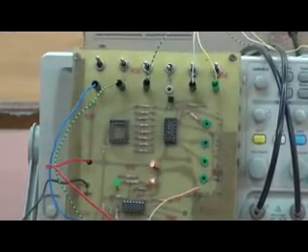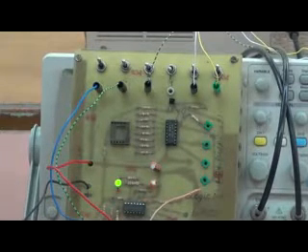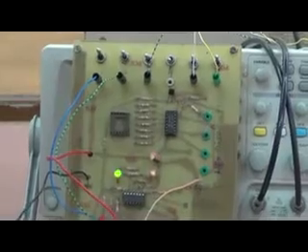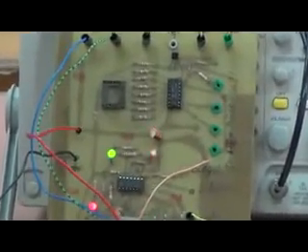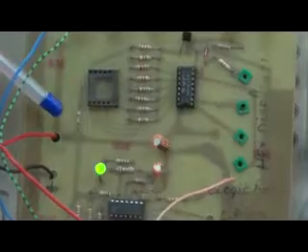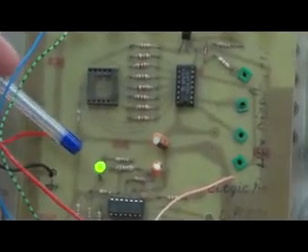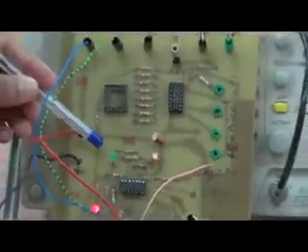Now if we make both the inputs high, that is J and K both 1, we can see that the LED is toggling between 0 and 1. That is, for J equal to 1, K equal to 1, the output is equal to Qn bar, meaning it always complements the previous output. Since at this clock it is 1, at the next clock it is 0.